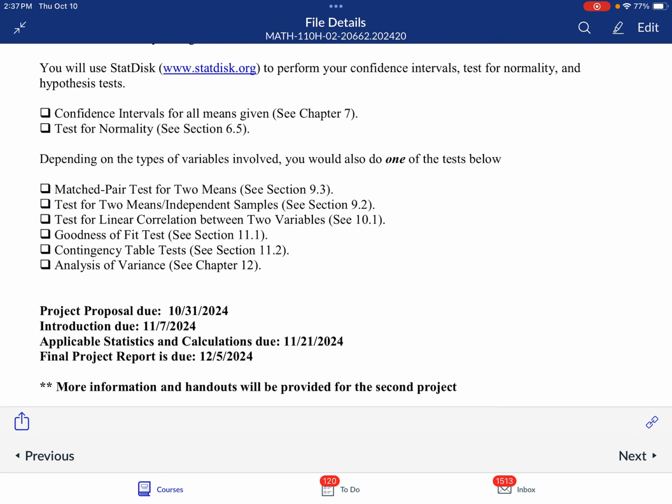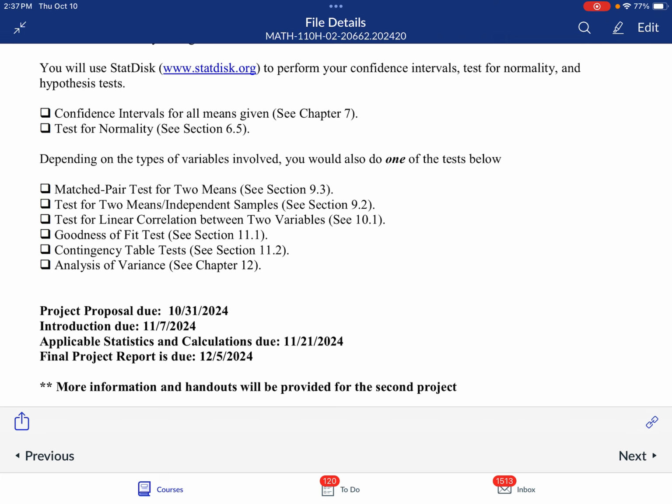The three things that we have are going to be confidence intervals, which are discussed in Chapter 7, test for normality, which was discussed in Section 6.5, and then depending on what you're doing, you would select only one of these hypothesis tests.